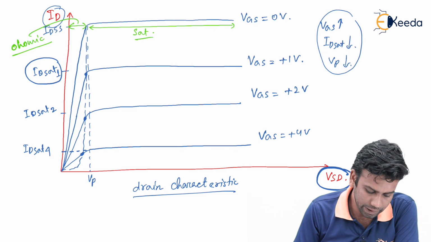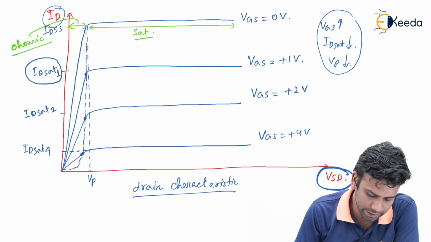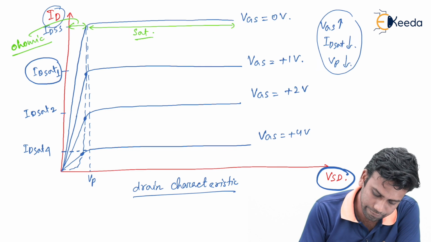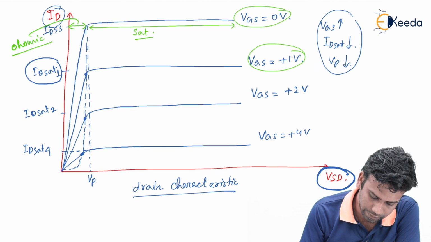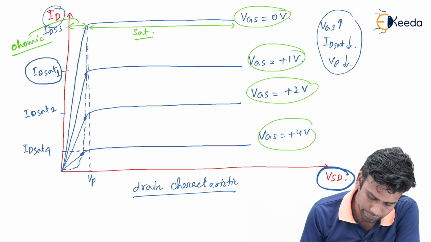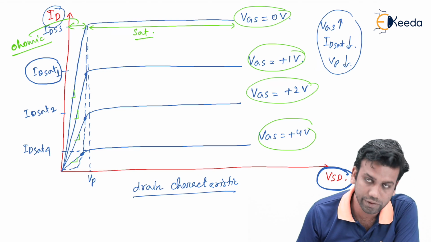Hence, in the ohmic region, JFET can be used as a voltage dependent resistor, because as the VGS voltage is changing, 1 volt, 2 volt, 4 volt, the resistance of the channel, that is the slope of the graph, is changing.